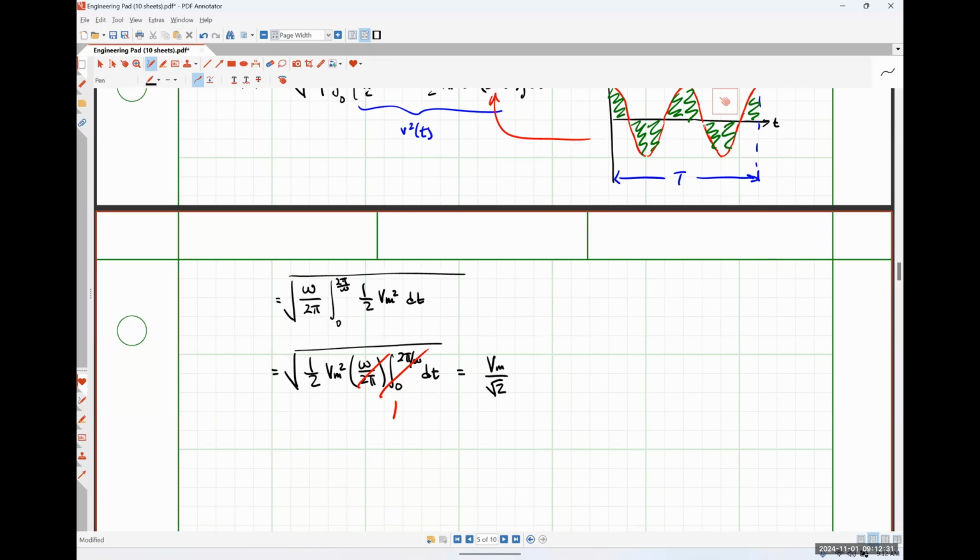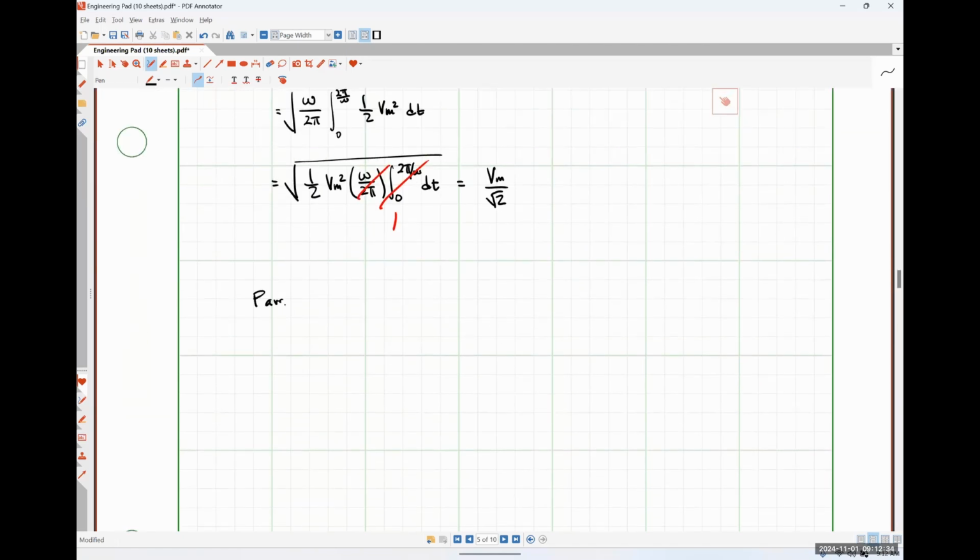So if we look at our average power relationship that we just developed, P average is 1/2 Vm Im cosine theta V minus theta I. I could split that 1/2 as Vm over root 2 times Im over root 2 cosine theta V minus theta I, or simply V effective, I effective, cosine theta V minus theta I, meaning our average power can just be calculated using effective values.